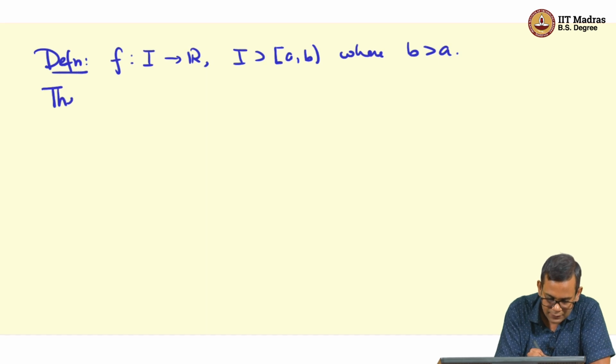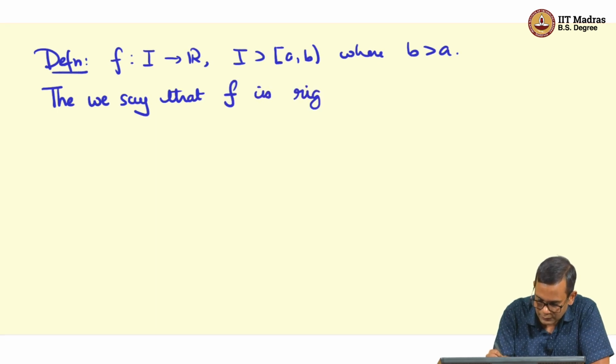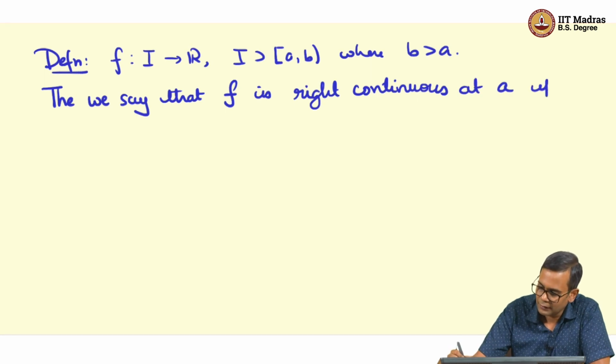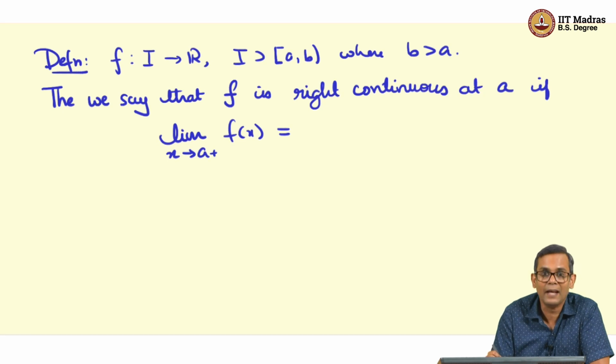Then we say that f is right continuous at a if, as you would have guessed, the right limit as x approaches a of f(x) is equal to the value of the function at the point a.